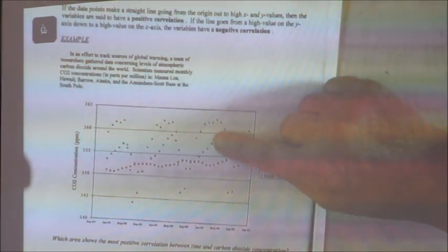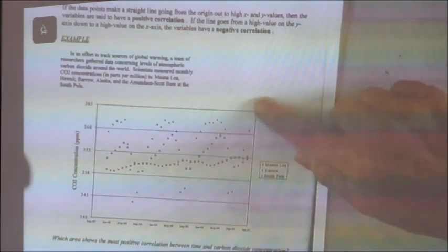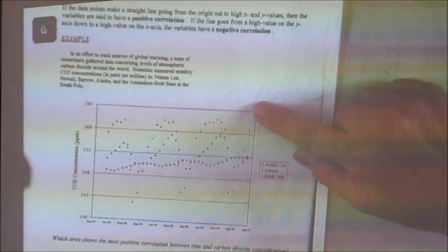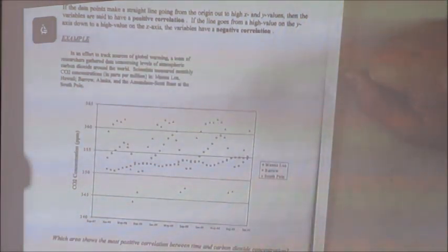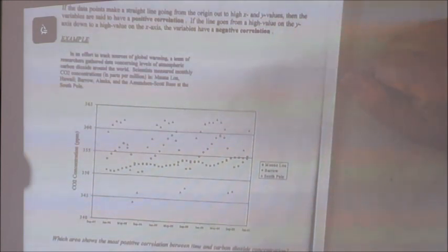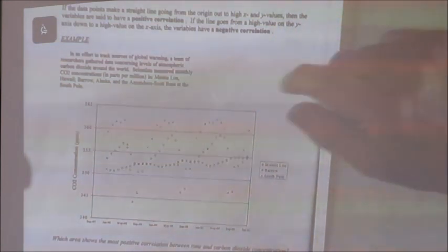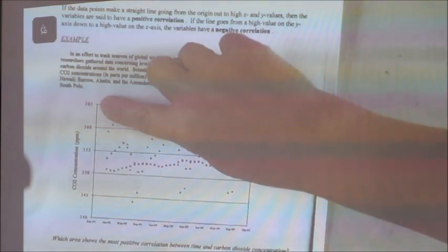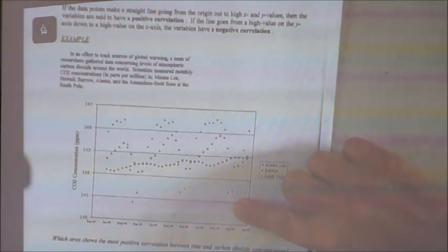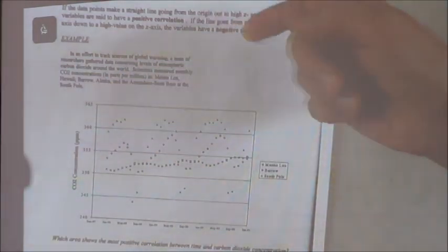And if your data points go from the origin to high x and y axis, this means your variables are positively correlated. Scatter plot is used to show correlation between variables. And if they go from high y-axis to high x-axis, this means that the variables are negatively correlated.